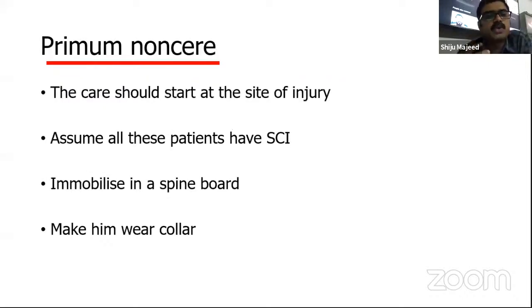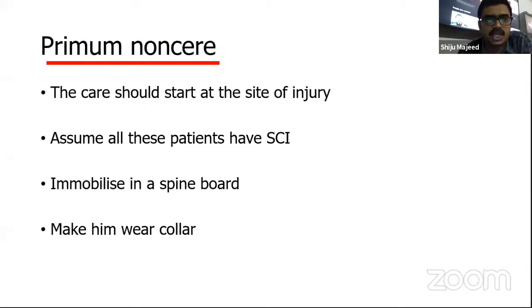The first and foremost thing: when you see a patient with suspected spinal cord injury, that doesn't mean the patient just needs to come to the hospital. It may be at the site of injury, at the workplace or the farm or the field in which he has worked. The most important thing that you should teach your colleagues and paramedics is that you should not further harm the patient.